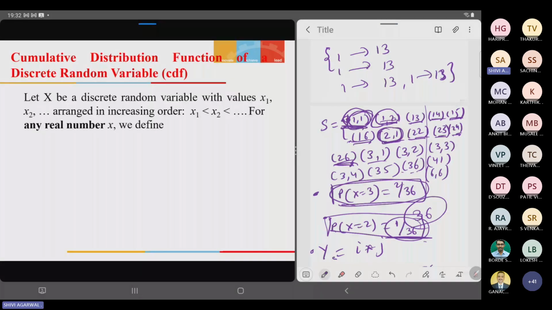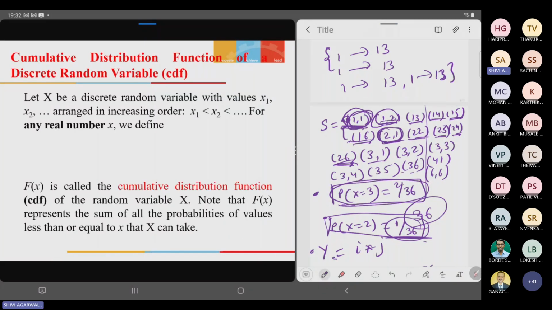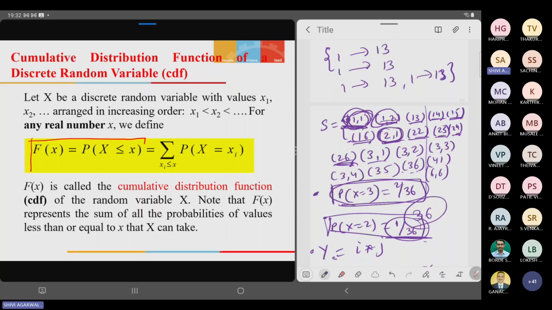The next concept is the cumulative distribution function. It is denoted by capital F(x), and we add the probabilities till that point, the probability when X is less than or equal to small x. That is known as the cumulative distribution function.